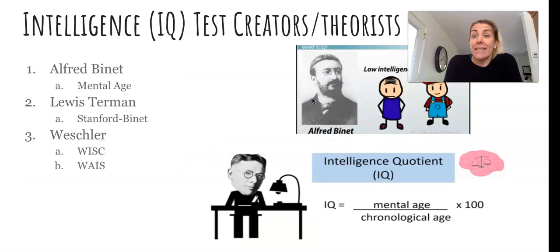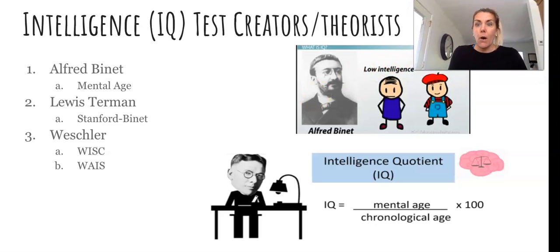The other thing I think is important from this unit is the IQ test creators and theorists as well. Remember Alfred Binet, he was the first guy, from France, who felt there needed to be something to help education. So he created the mental age.